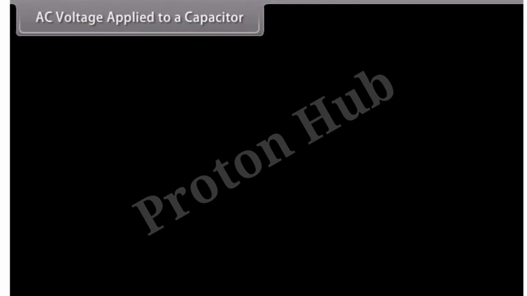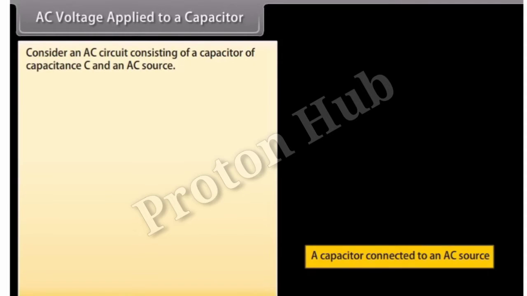AC voltage applied to a capacitor. Consider an AC circuit consisting of a capacitor of capacitance C and an AC source. The AC voltage across the source is V equal to Vm sin omega t.